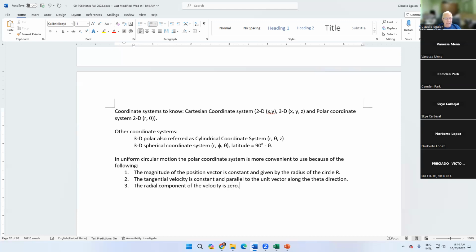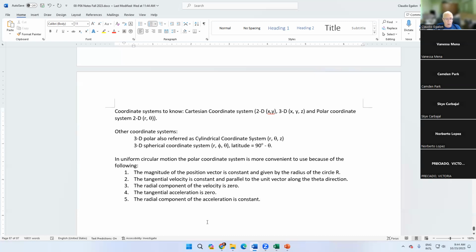Compare that with the Cartesian coordinate system. You have a velocity along the x direction and a velocity along the y direction, right? The tangential acceleration is 0. And finally, the radial component of the acceleration is constant, and we're going to show that.